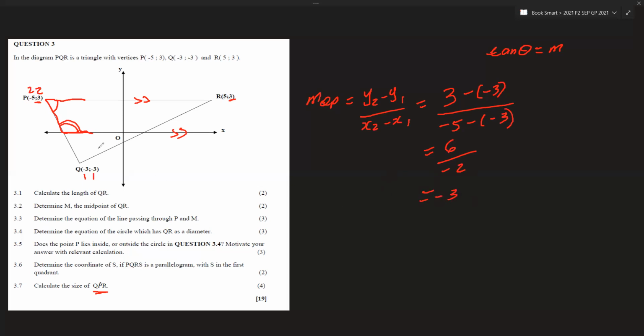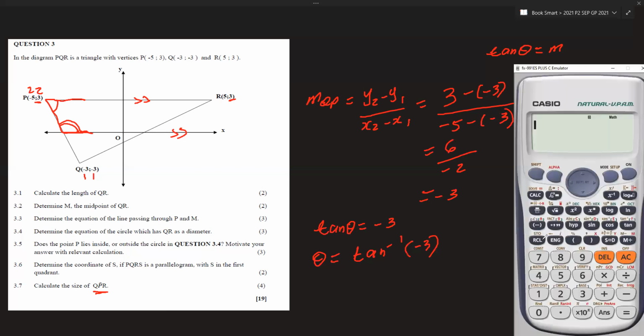Right. Now I need to do the angle of inclination of this. So I'll say tan theta equals -3. Then I need to get the value of theta. Theta equals shift tan -3. Let's see what we get from our calculator.